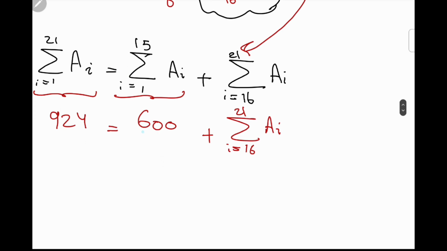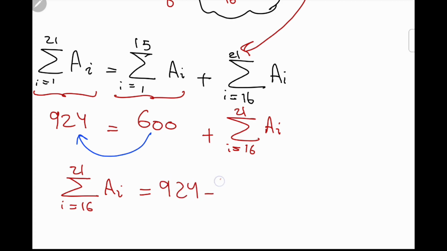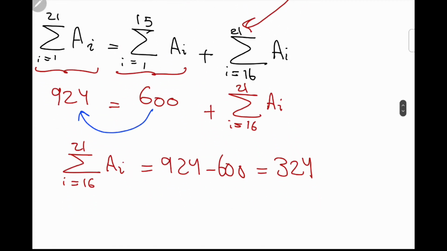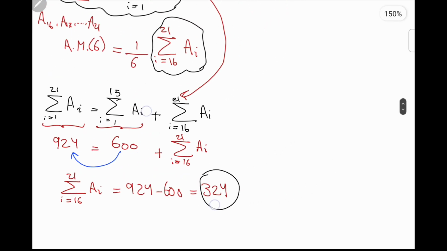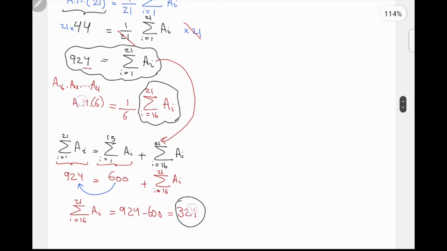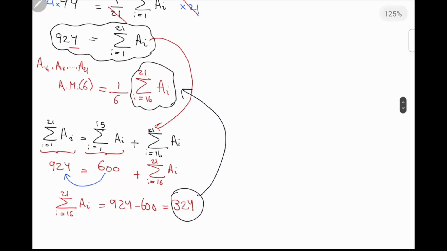Therefore, if I take this to the other side, we will have the sum I equal to 16 to 21 of AI is equal to 924 minus 600, which is 324.